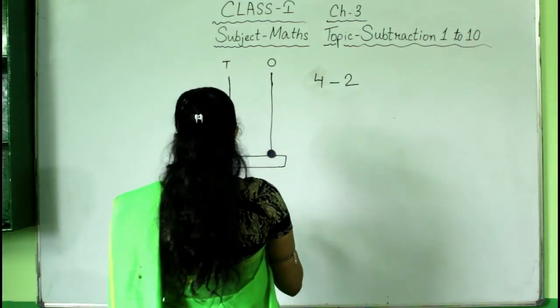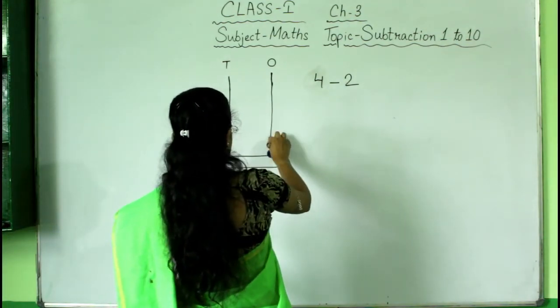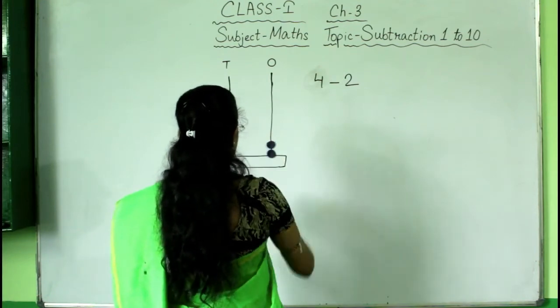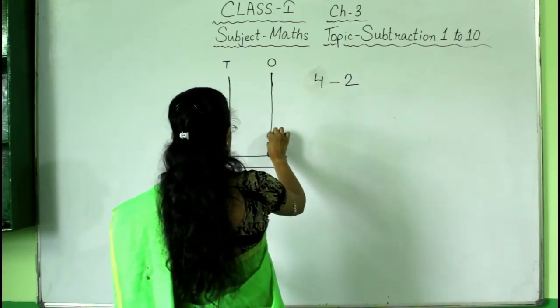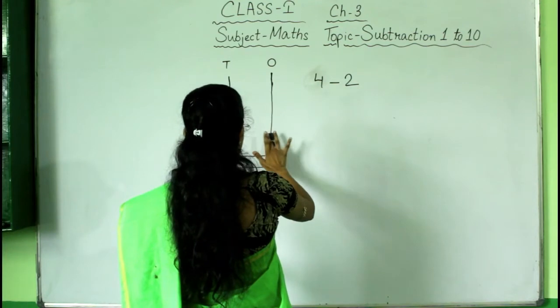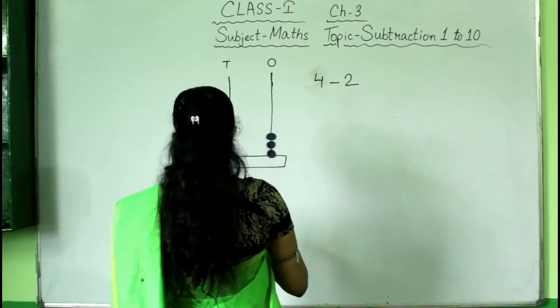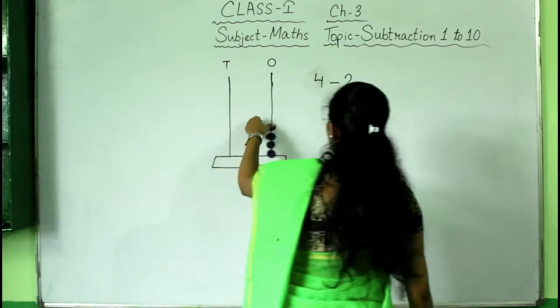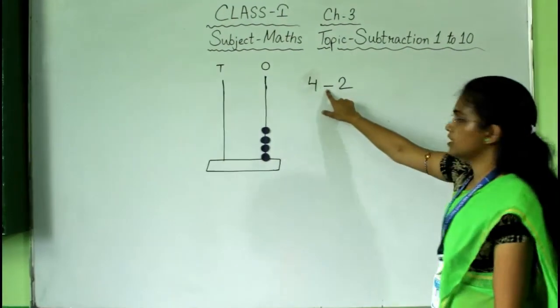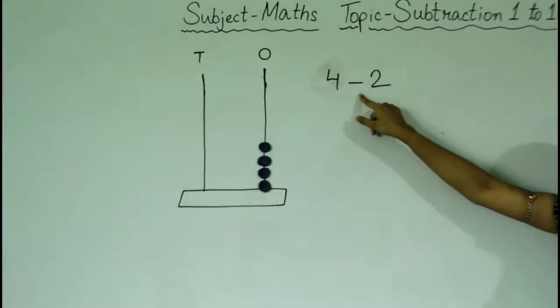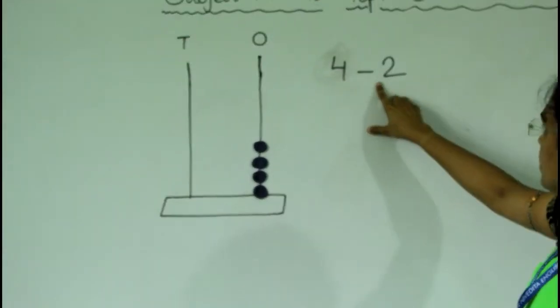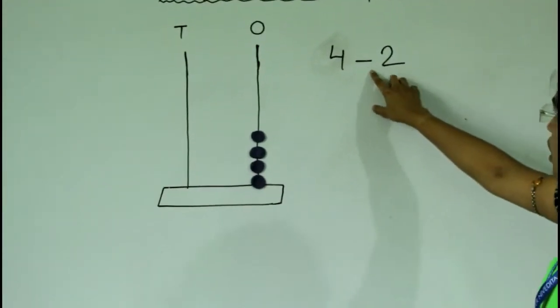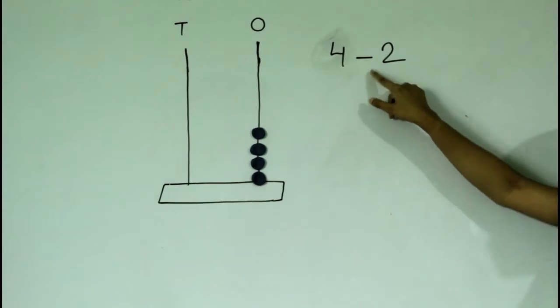So how many balls do we have to put? 4 balls. 1, 2, 3, 4. Now, which sign is this? This is the minus sign. So, how many do we have to count? How many balls? 2 balls. We have to take away 2 balls.